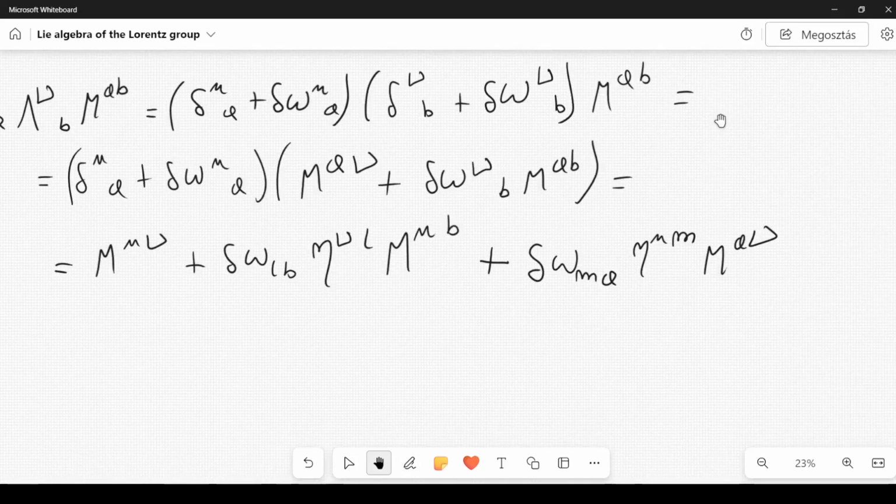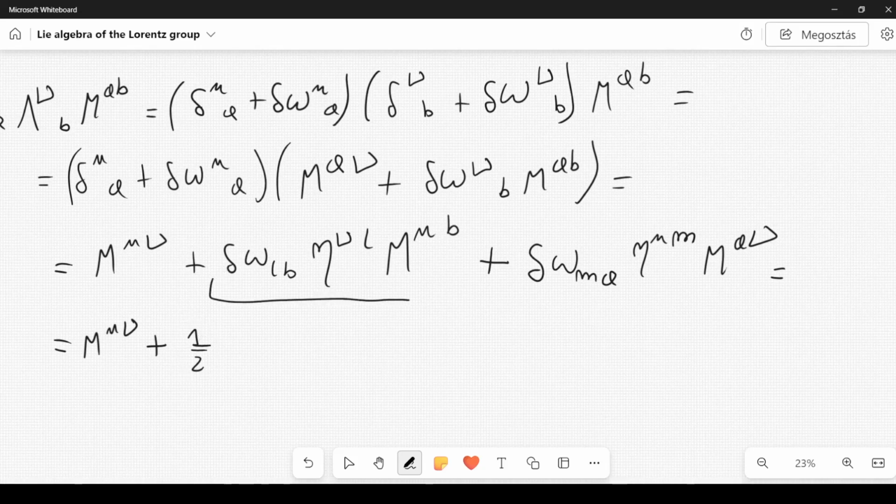Now we can rewrite this expression in the following manner. We have M mu nu plus 1/2. I will put this 1/2 because I'm going to rewrite this term twice and this term twice by relabeling appropriately the indices. So you can check that you can rewrite it as delta omega rho sigma. So let's put a bracket here.